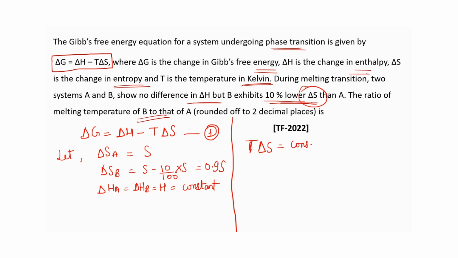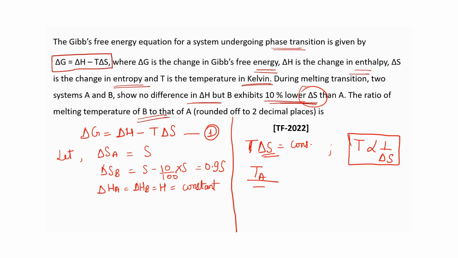If we say so, then T is inversely proportional to delta S, that is, proportional to 1 upon delta S. That means T is the melting temperature, and delta S is the change in entropy.